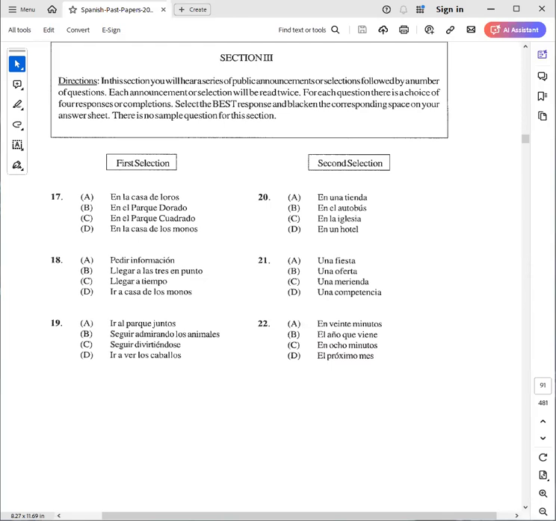So, ¿dónde están las personas? 20, where are the persons, en una tienda, A. 21, ¿qué va a tener lugar? What is going to take place? Una oferta, a sale. And 22, ¿cuándo va a tener lugar? When is it going to take place? So the selection says, dentro de, so like within the next 20 minutes. So, en 20 minutos, A.